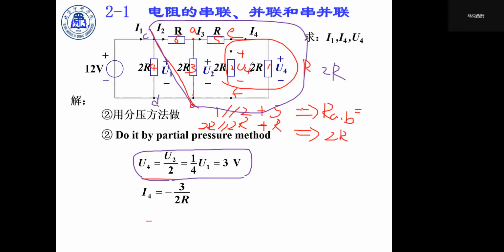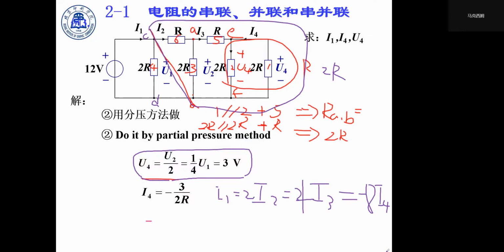So we can calculate I4, and we know that I1 is 2 times I2. I2 is 2 times I3. And I3 is 4 times I4. So it's 8 times I4, but in the opposite direction.